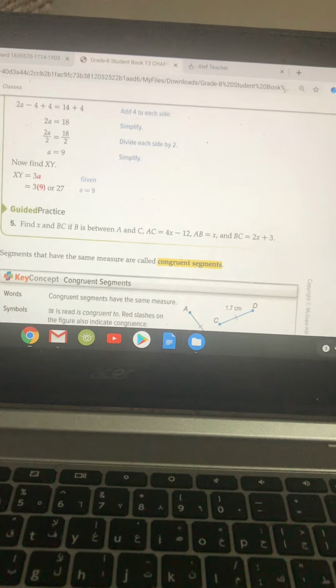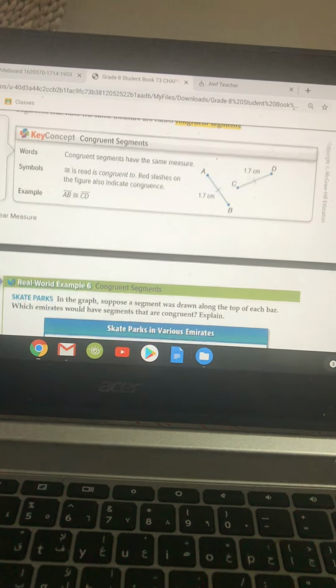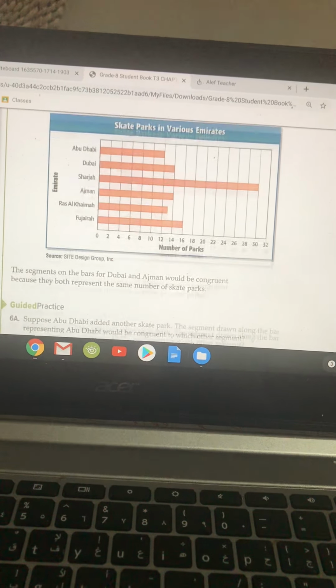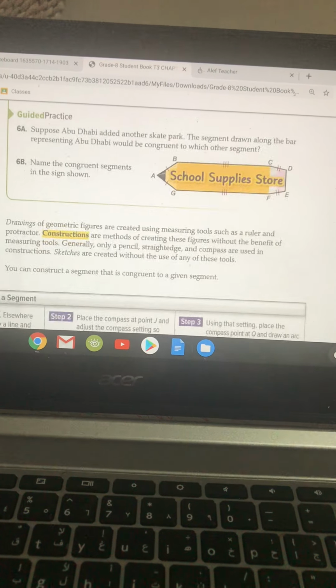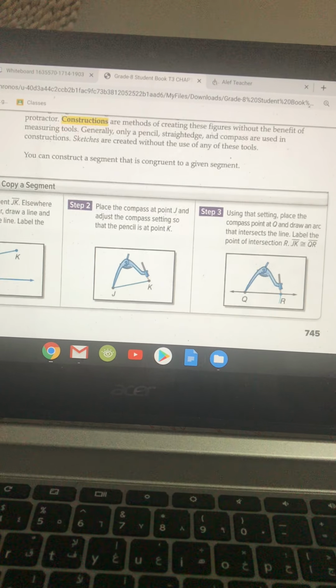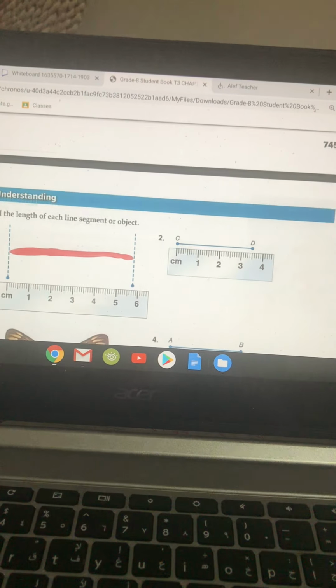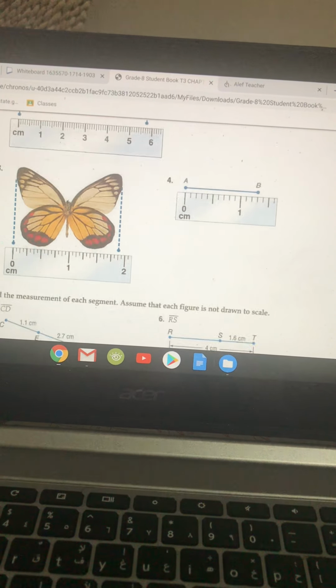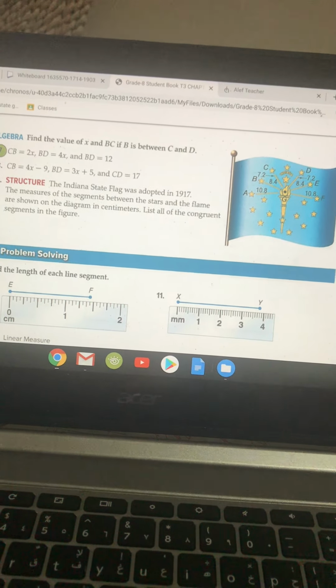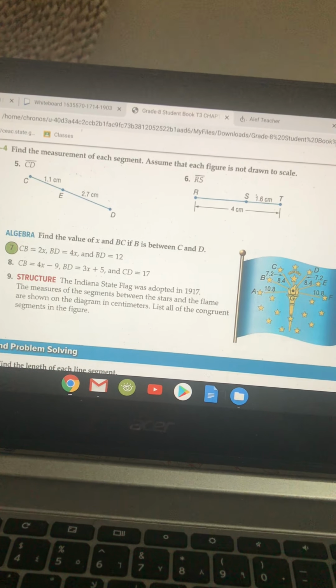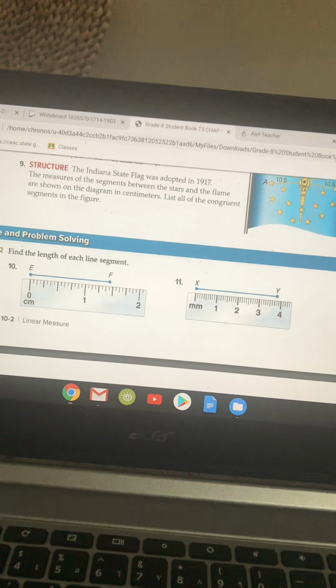Let's do this one here. There should be examples for this here. Okay, here.